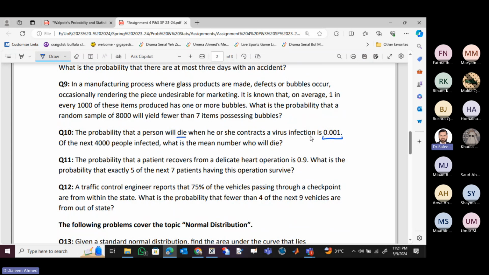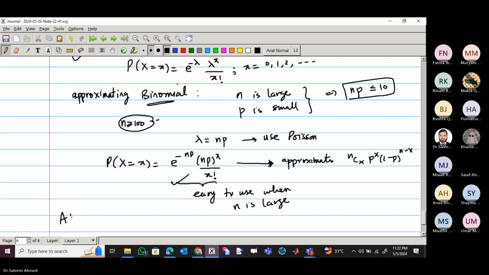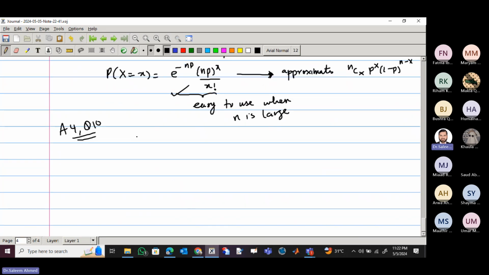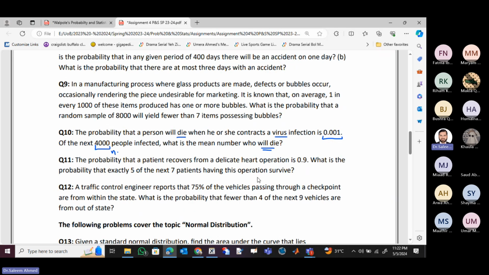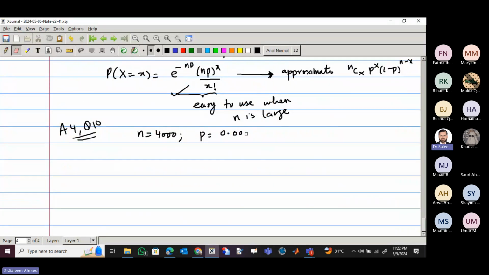Of the next 4,000 people, this is my n, what is the mean number who will die? See question 10 in assignment 4. They give me n equal to 4,000, and the probability of dying from that virus is 0.001. Very small, you see, p is very small, n is very large.